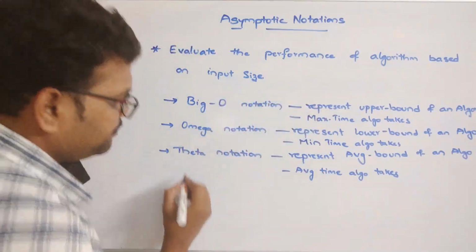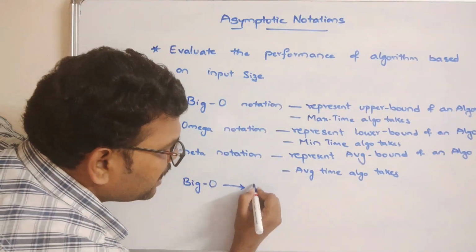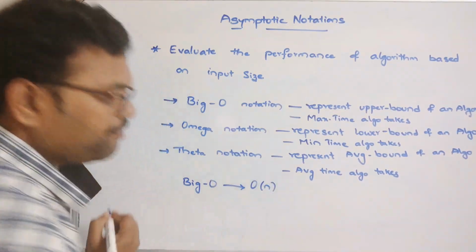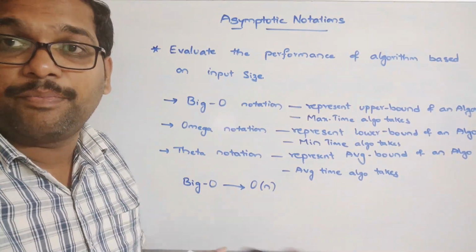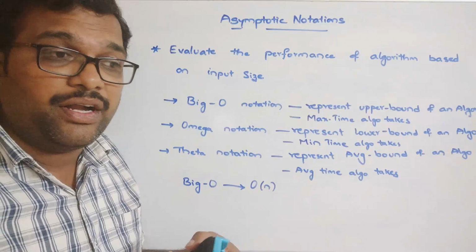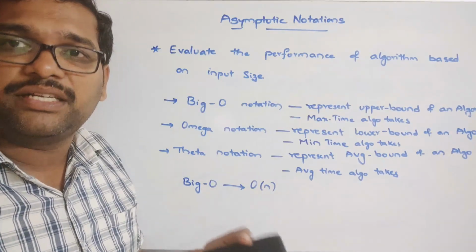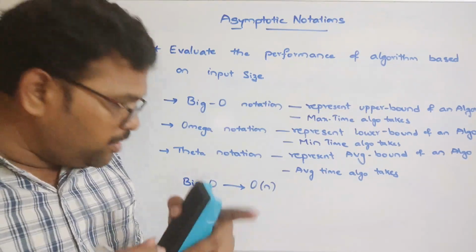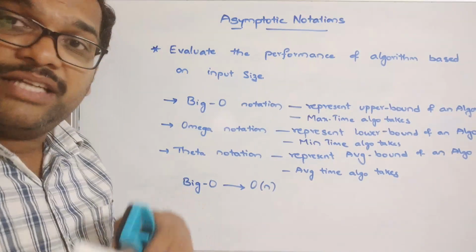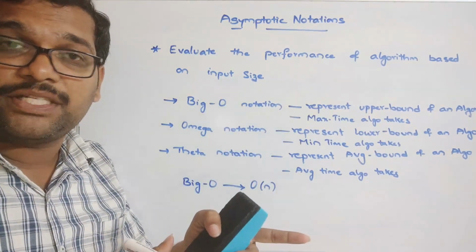Big O is represented as order of n, if n is linear. In our previous sessions we have seen different types of time complexities: constant, linear, logarithmic, quadratic, etc. In our previous session everything we represented with an order.